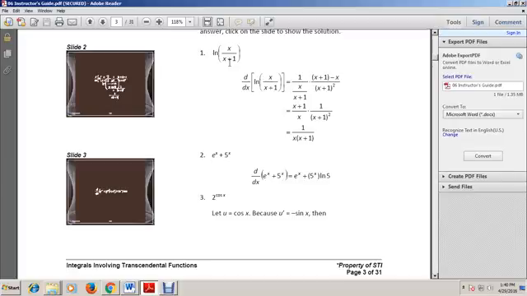Okay, so for now, what we can do is to simply recall the form of the derivative of a quotient.